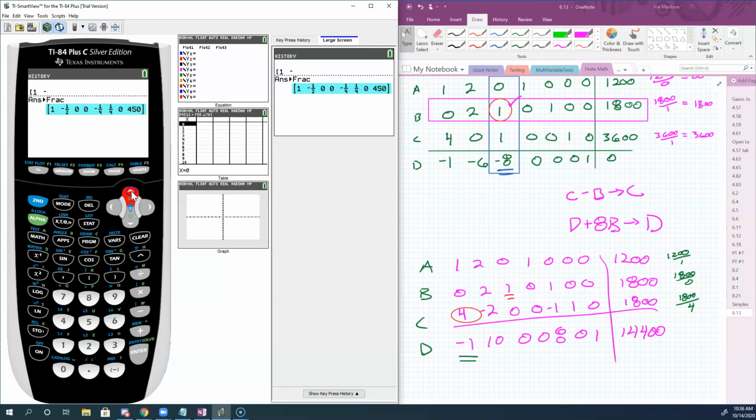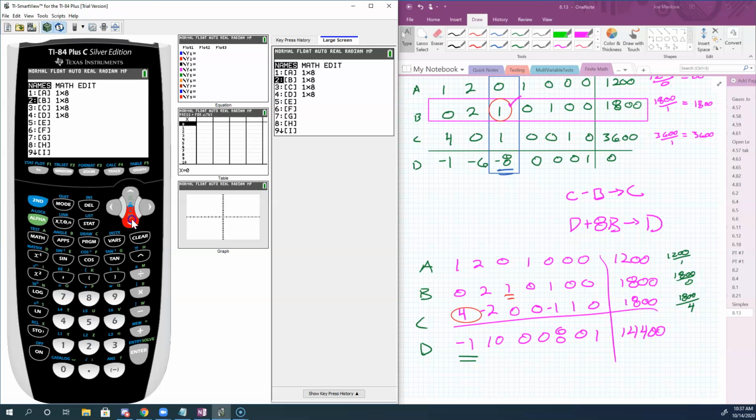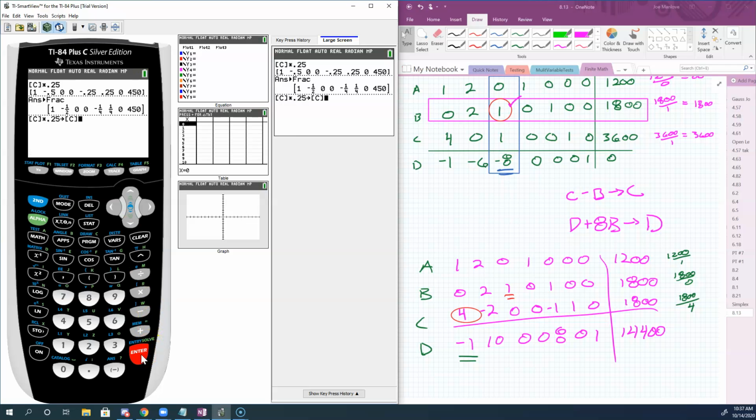So I'm going to pop back up a couple entries here, grab this one, and store that into matrix C. And now that'll have overwritten my pivot row. You guys see that?